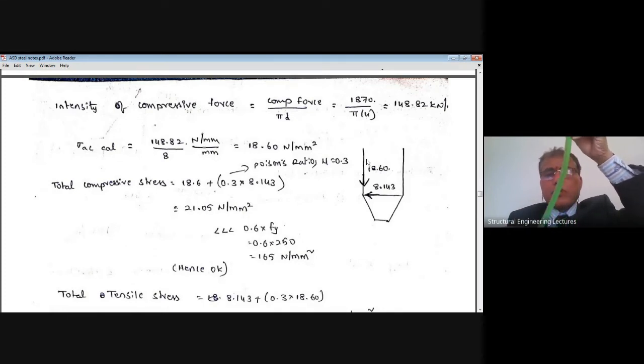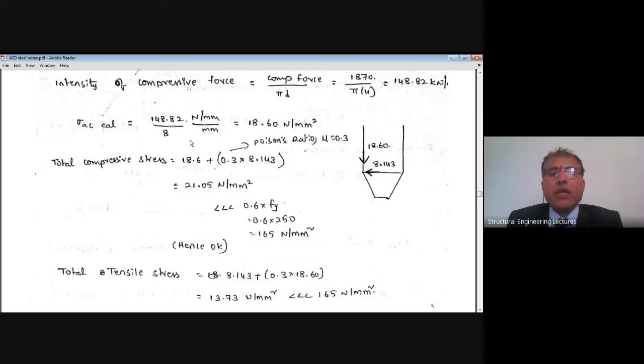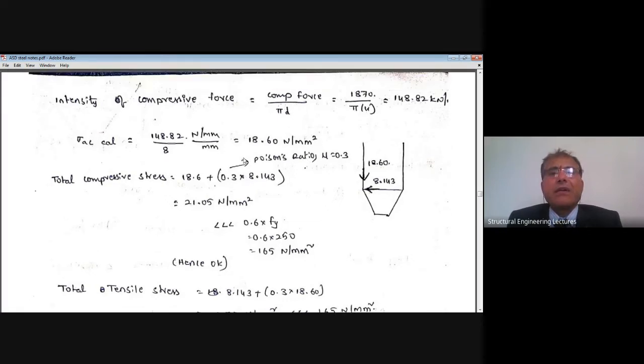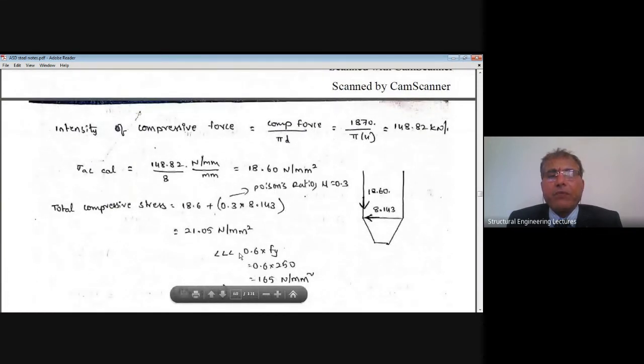Therefore, assuming Poisson's ratio of the steel material as 0.3, because these are at 90 degrees, hence now I'll get the total compressive force: predominantly the compressive force in the vertical direction, plus from the lateral direction due to the Poisson's ratio effect, 0.3 multiplied by the tensile hoop tension, which is 8.143.